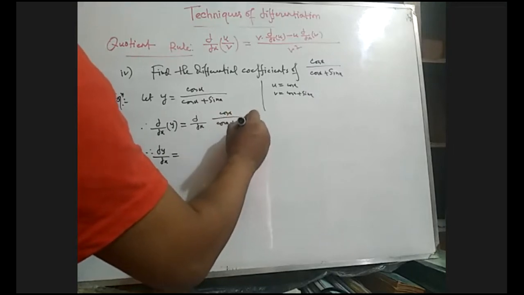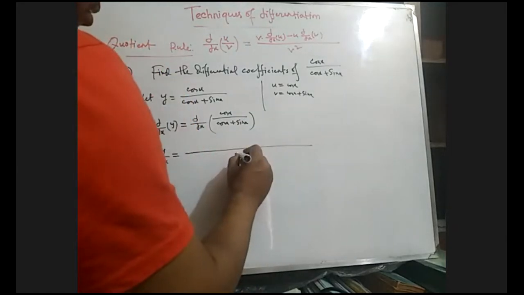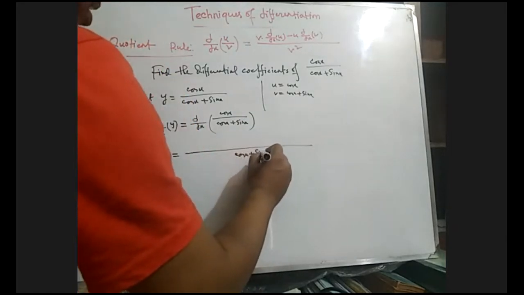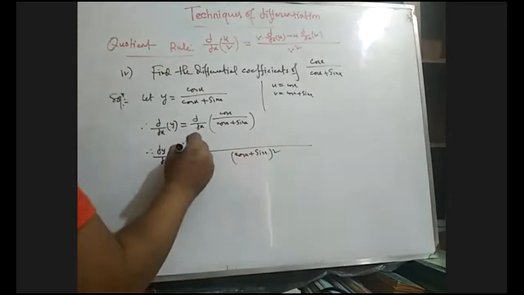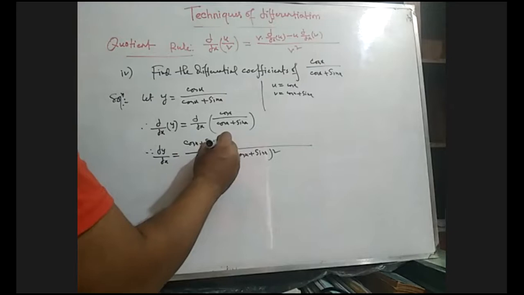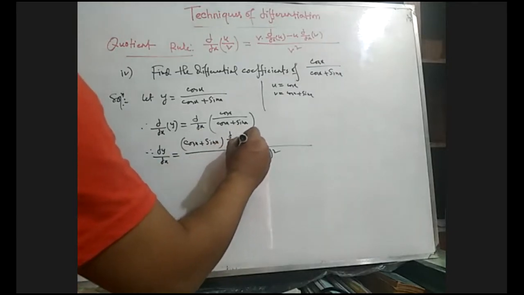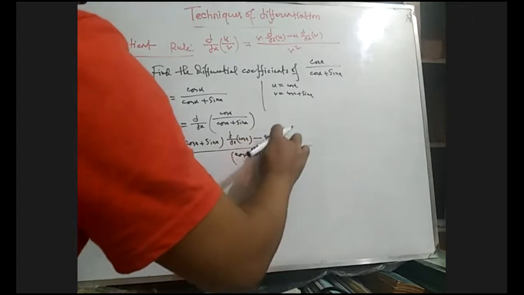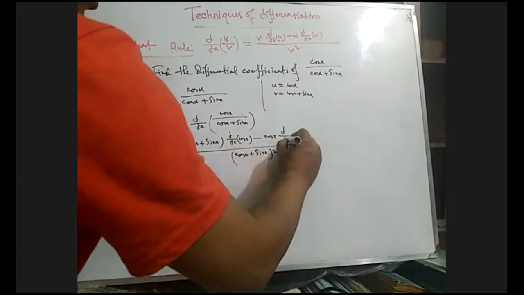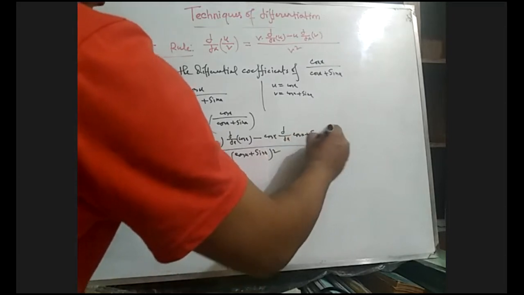Cos x plus sin x, okay, v square. v means what? Cos x plus sin x. d/dx of cos x, minus cos x d/dx of v. v means what? Cos x plus sin x.